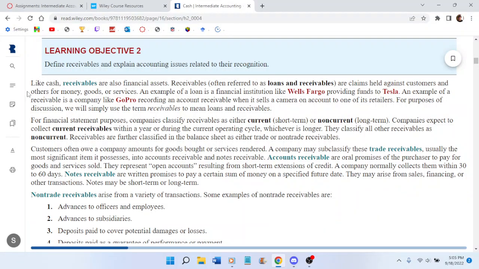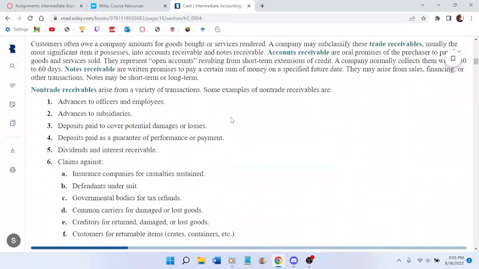Non-trade receivables. There's a variety of different non-trade receivables. Advances to officers and employees. Advances to subsidiaries. Deposits paid to cover potential damages or losses, deposits paid as a guarantee of performance or payment, dividends, and interest receivable.